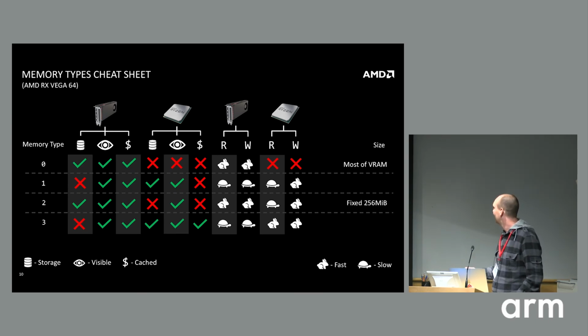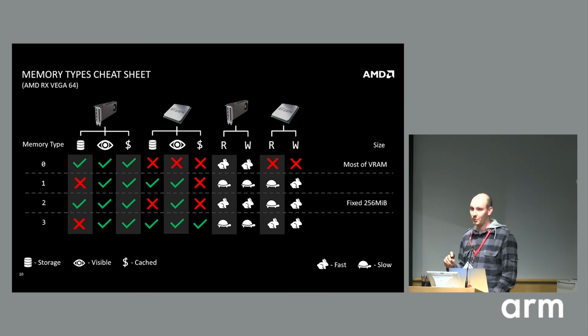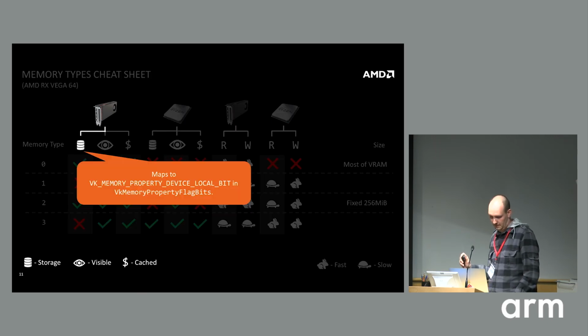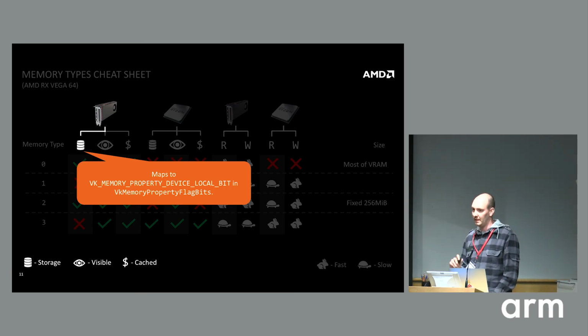And on the far right here, we have the CPU's speeds for operations, so read and also write from the CPU side. We have the same sort of iconic notion here to communicate the speeds of those things. And down here is just some random notes. This column corresponds roughly to VK memory property device local bit in the memory property flags, which is a property of your heap.